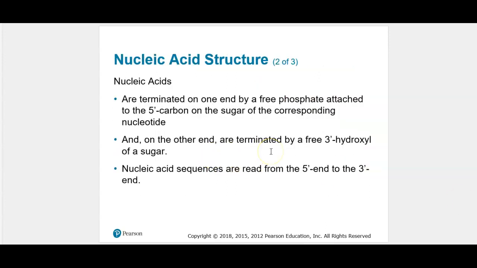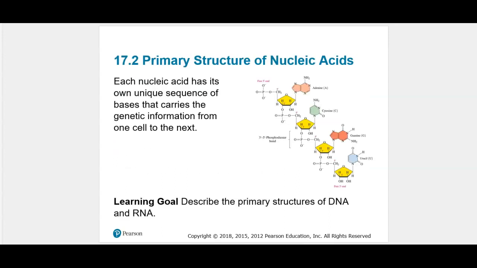On the other end, it's terminated by a free 3' hydroxyl of a sugar. So if we look at this four nucleotide nucleic acid, which is going to be a ribonucleic acid, the free 3' end just has the 3' hydroxyl here.